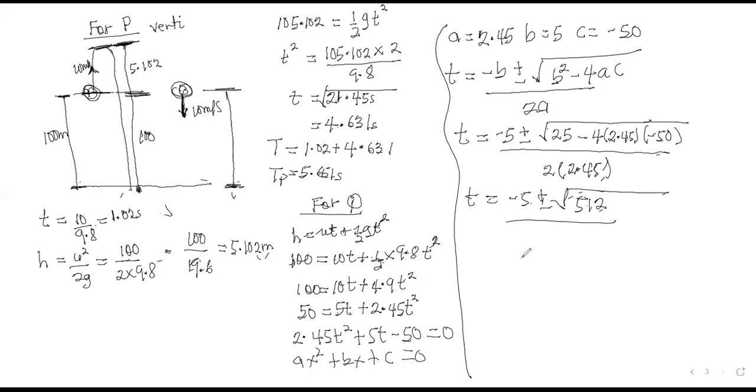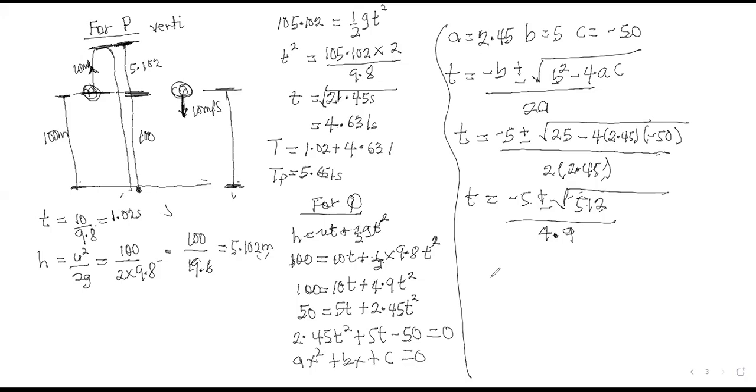All divided by 2 times 2.45, which is 4.9.